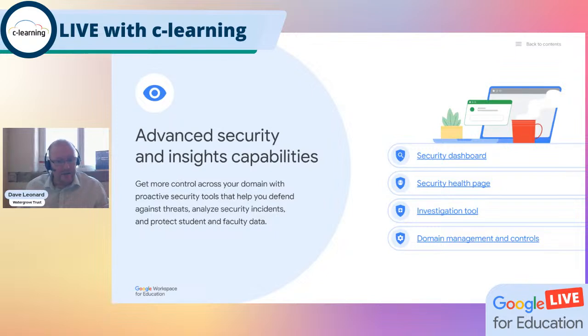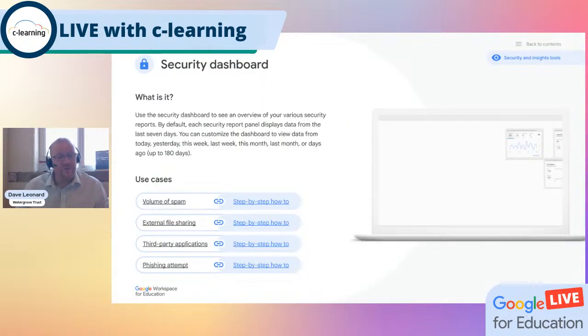And then we have settings related to domain management and controls. So over the next few minutes, I am going to go at rapid pace through what some of these tools are, because we've only got a few minutes to introduce this. And what we really want to do is get into a discussion with some trusted colleagues around how these are used in schools. But for those of you who aren't familiar, this is what we're looking at.